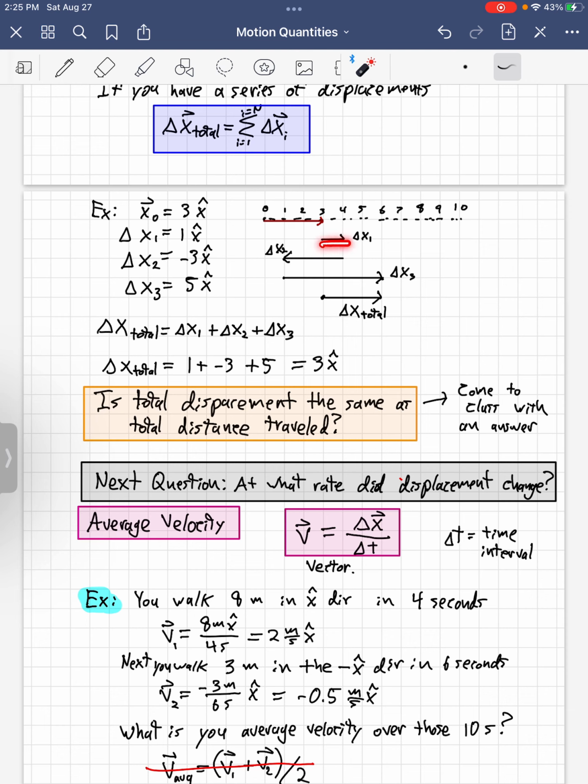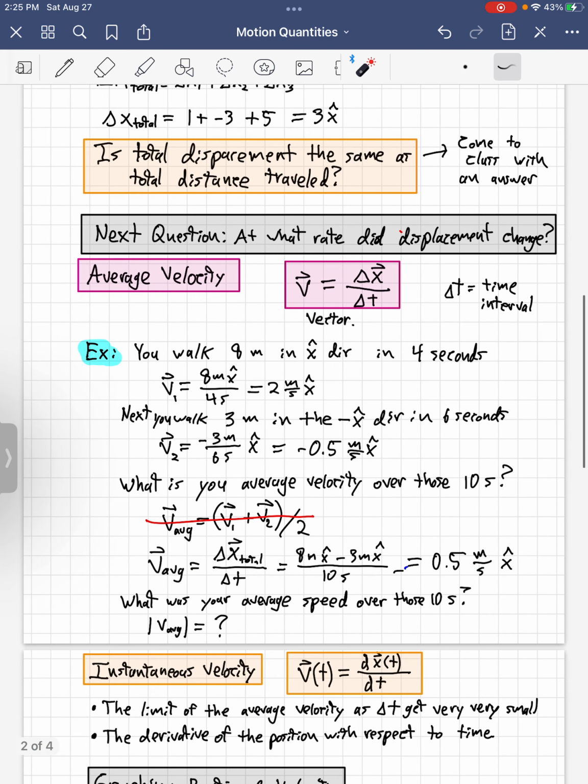Because first we moved 1 to the right, 3 to the left, 5 to the right, but in the end our total displacement is only 3. So obviously you might be thinking, okay, the total distance we traveled is in fact different than our total displacement. So in class we're going to talk about what is a formula that we can use to describe the total distance we travel. All right.